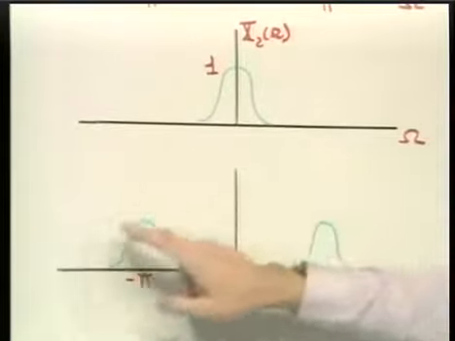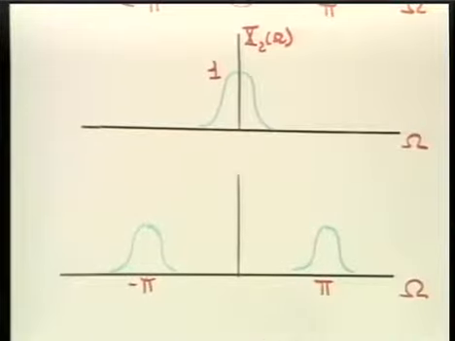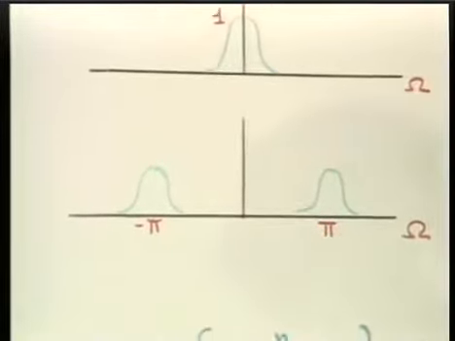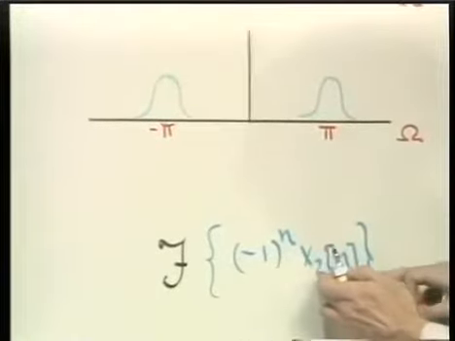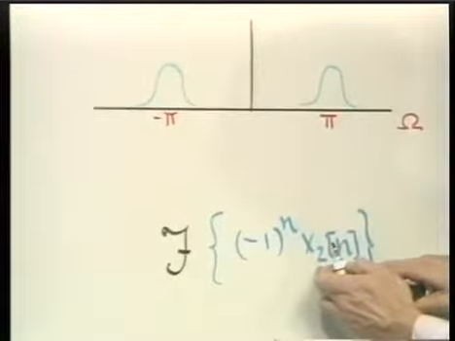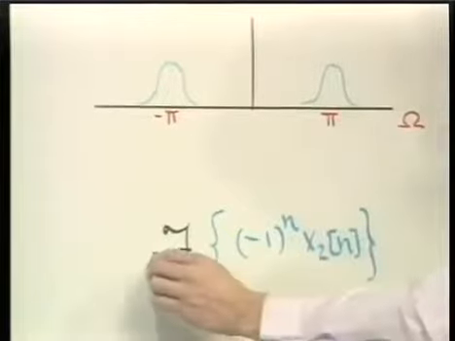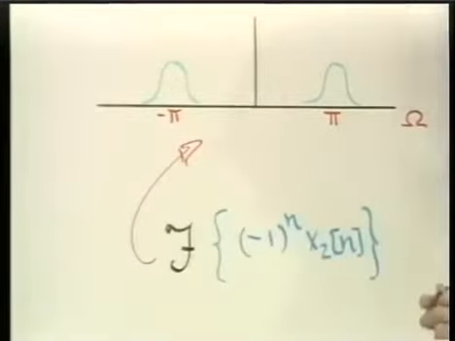And so this spectrum finally corresponds to the Fourier transform of minus 1 to the n times x2 of n, where x2 of n is the sequence whose spectrum was x2 of omega.